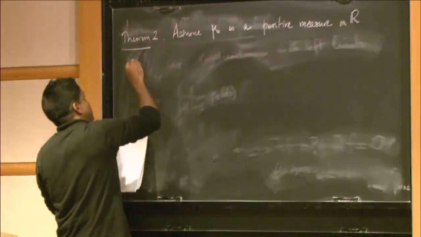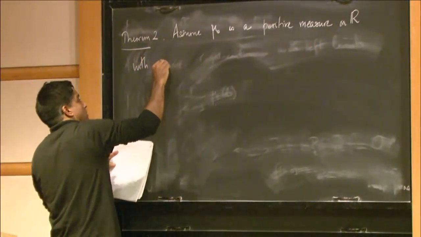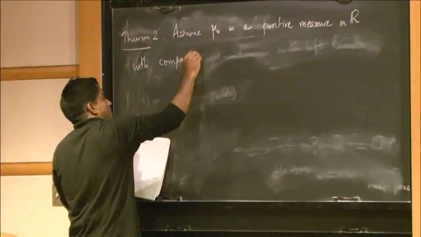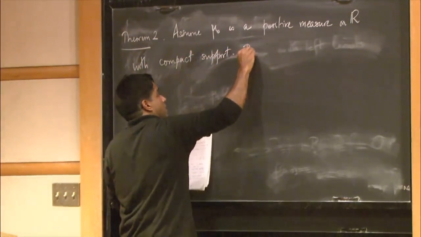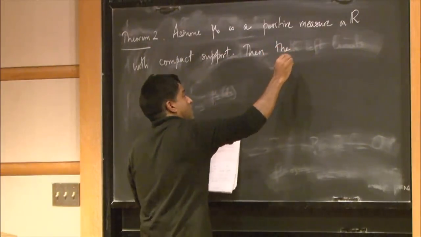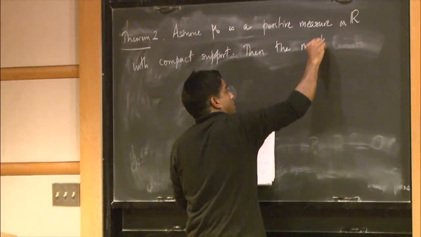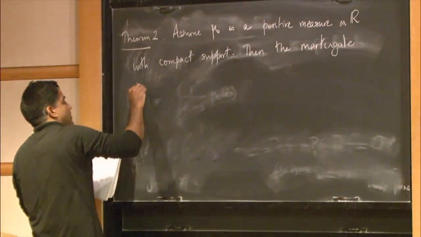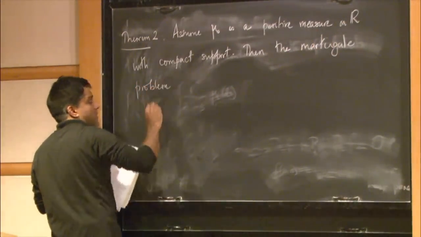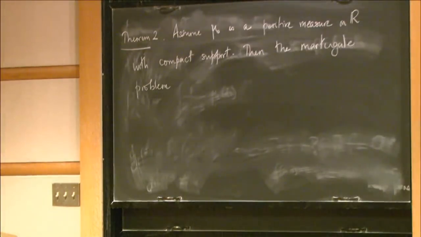Let me say with compact support. Then the precise theorem is something like this: then the martingale problem. Let me give this equation a name.